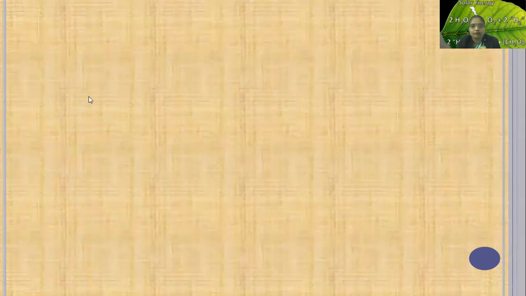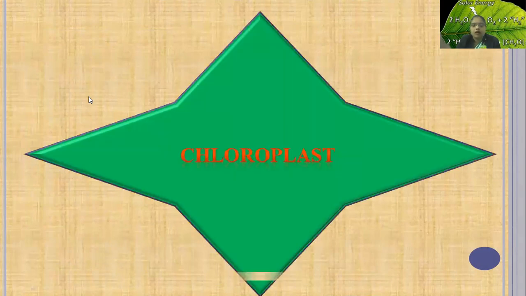Then chloroplast. Chloroplast means kitchen of the cell, because they release energy as well as produce the food. Why is it known as the kitchen of the cell?